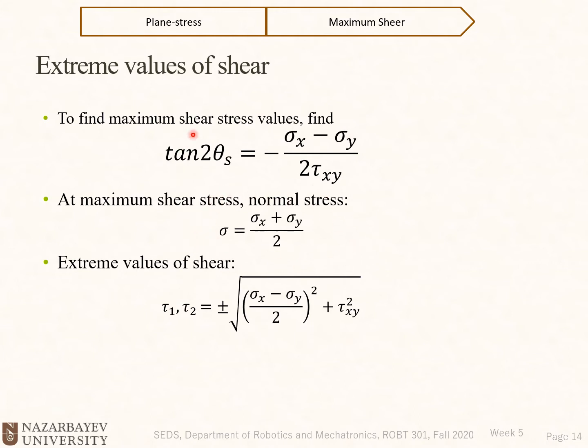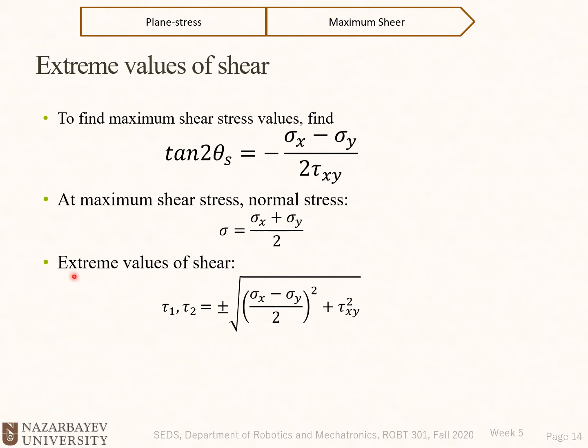All of these equations come from the sigma x prime and tau x prime y prime functions, and you could easily find them. So it's a very good practice to first familiarize yourself with those two functions and understand the meaning of principal stresses and principal normal and shear stresses.